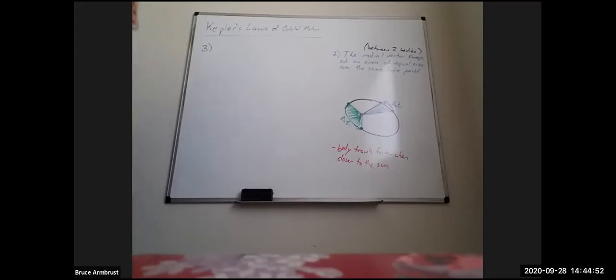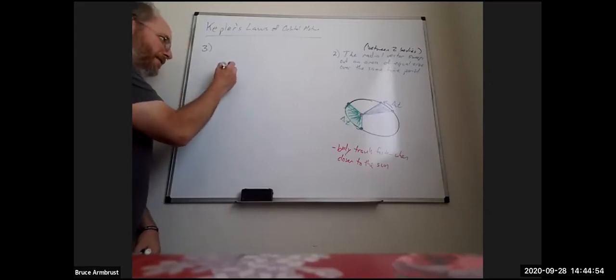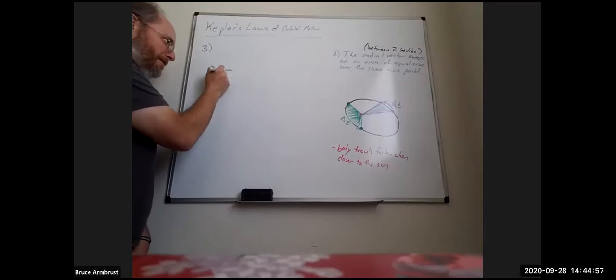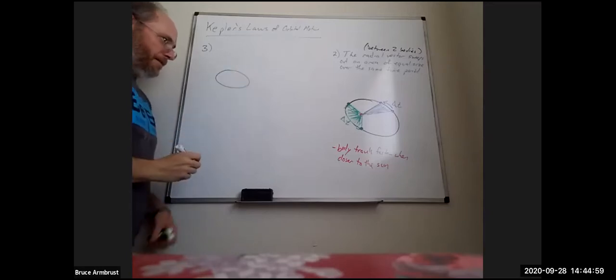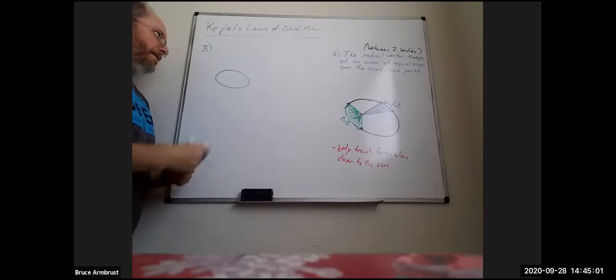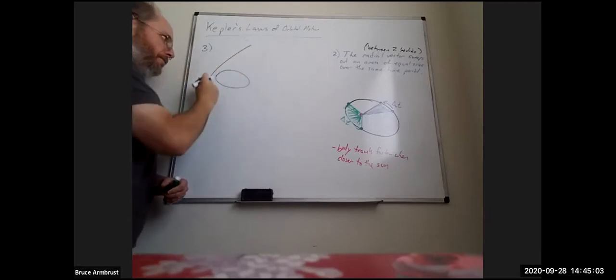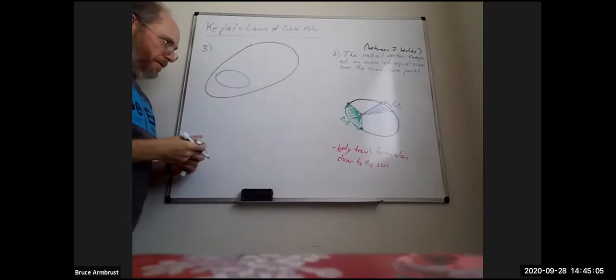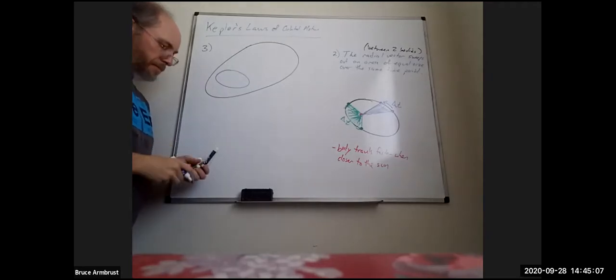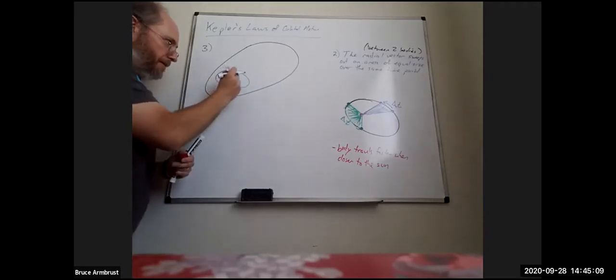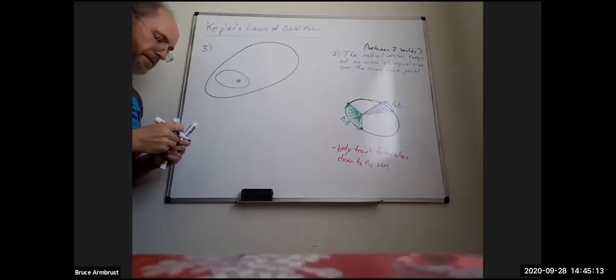What? Okay, so basically here are 2 planets that are orbiting the sun. So here's planet number 1. Now let's go planet number 2. And so we'll put the sun at the focus of both of these things.